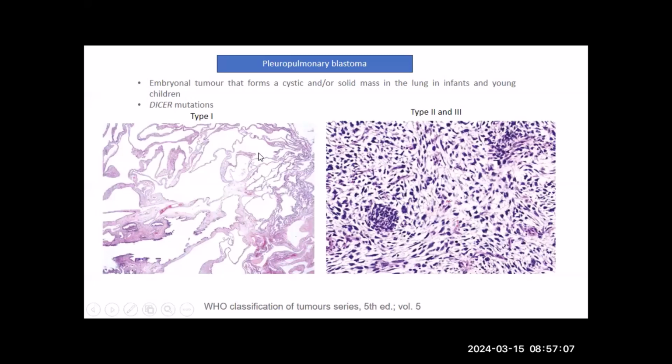Type 1 is present as multiple lung cysts. You can see dilated airways, and there are some islands of primitive looking cells near the bronchial lining. Once these primitive cells start proliferating and forming solid masses, they differentiate into type 2 and type 3. This is an image of type 2 and type 3, with small primitive looking cells.